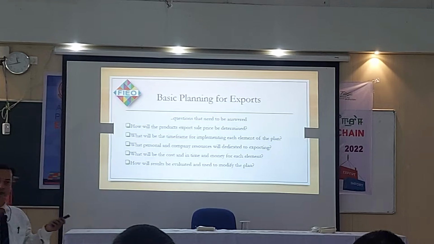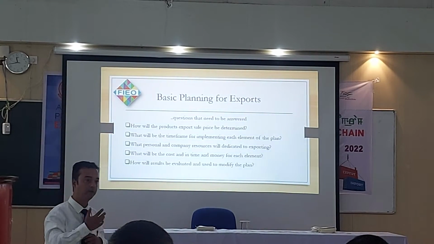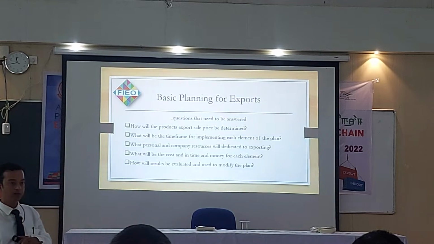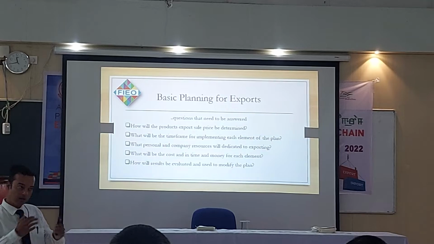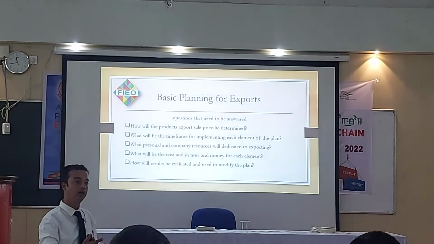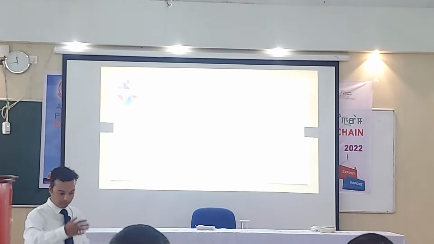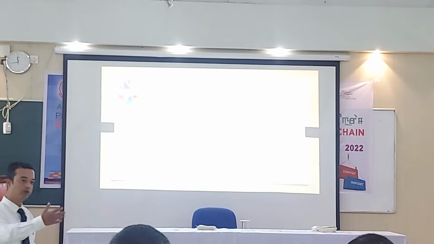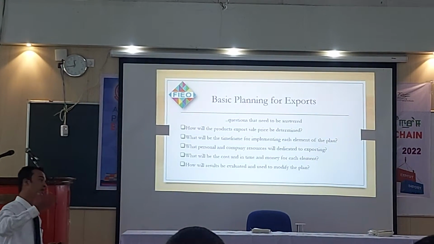So it doesn't work like that. So you will have to have some timeline for that. Okay, 2 months I'll do this planning and research, basic thing. Then next 15 or 20 days I'll spend time on the product development. Maybe down the line 2 months later I'll export the product. So you will have to work on a time frame.